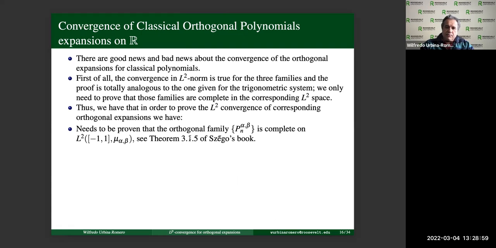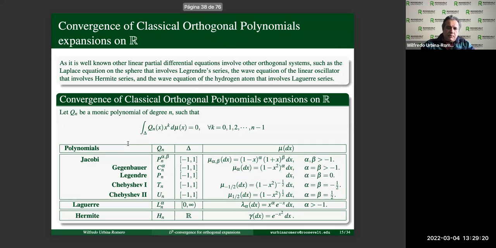For instance, it is a theorem in Szegő's book, which is the Bible in orthogonal polynomials, that the whole family of Jacobi polynomials is complete in L2 of -1, 1 with respect to the Jacobi measure, and that, of course, implies in particular that the same is true for all these cases.